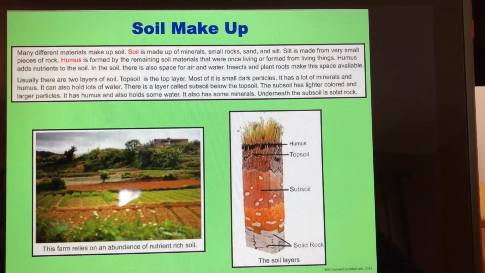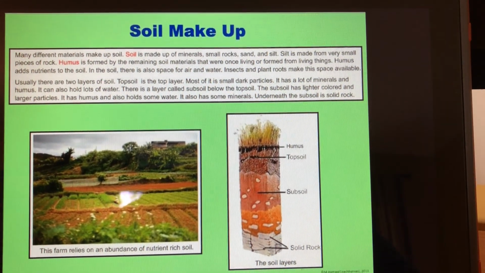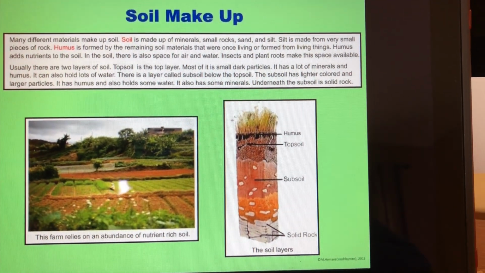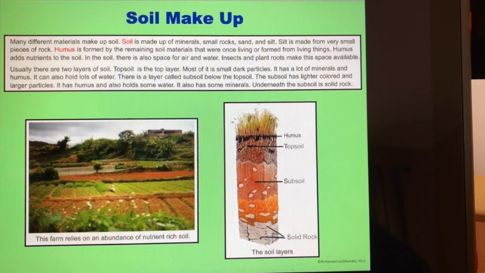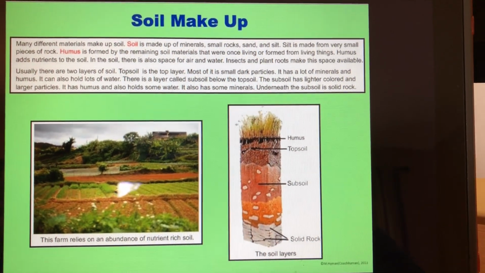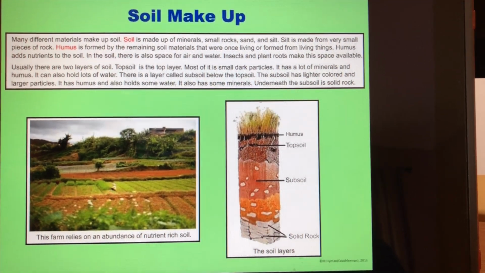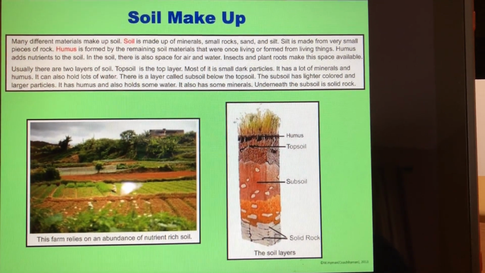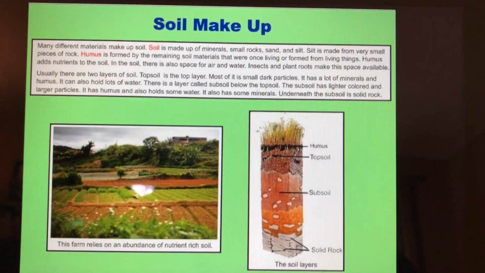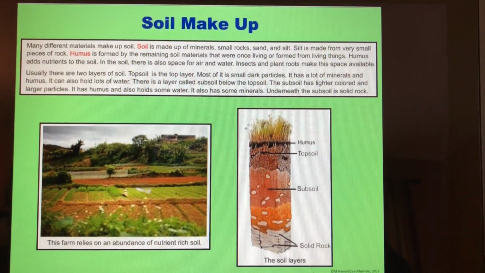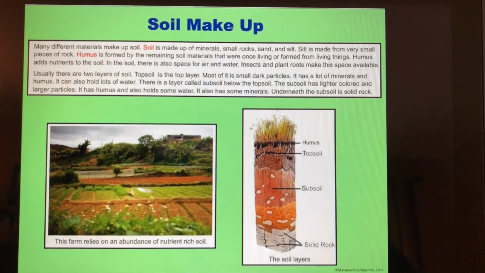We have the humus that is formed by the remains of the soil materials, materials that were once living or formed from living things, and this kind of material adds nutrients to the soil. In this soil, there's also space for air and water, and insects and plant roots make this space available. That is the kind of soil that we're really looking for.